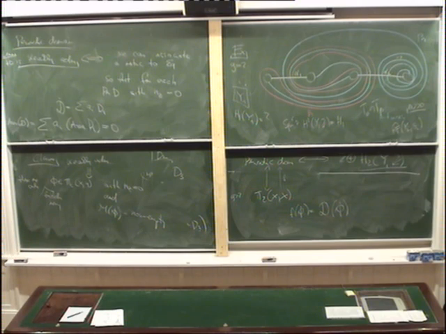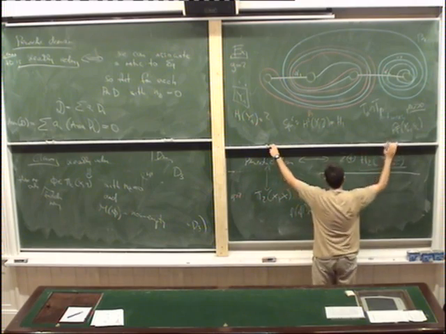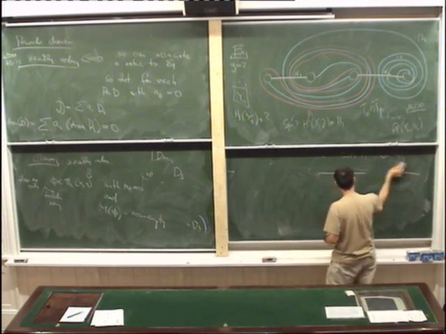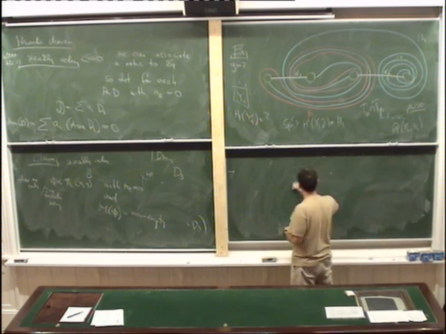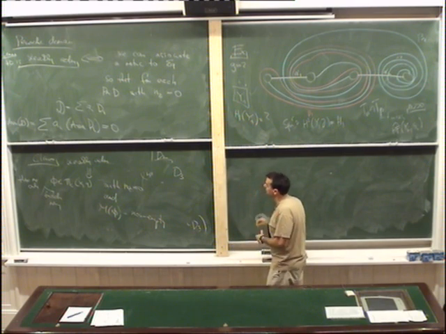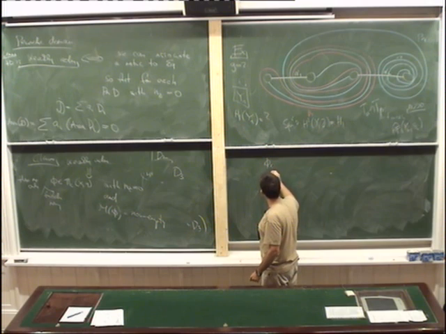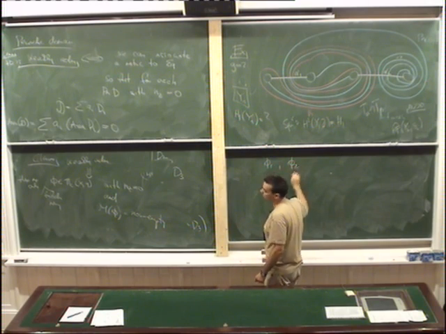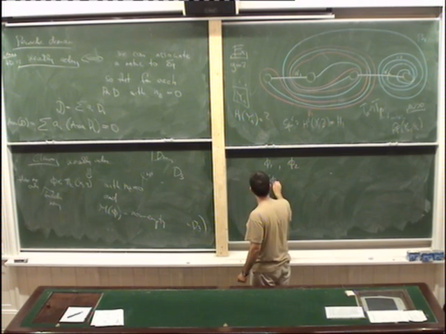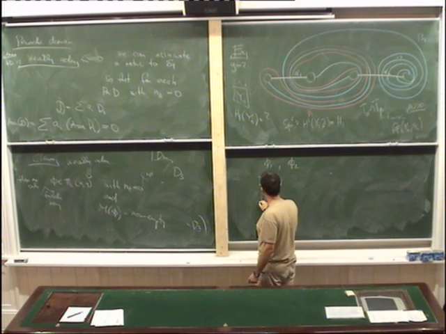So, why is that? Suppose I have two such homotopy classes, right? Then I can take D of phi1 and I can take D of phi2.